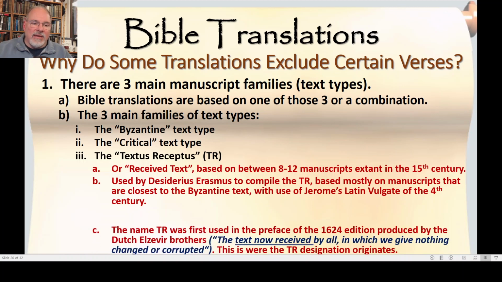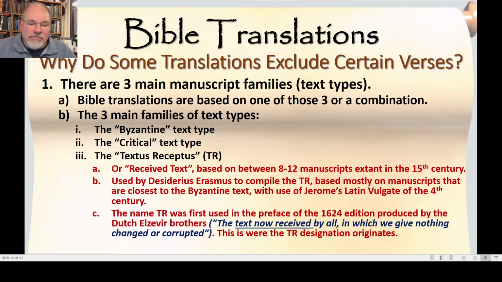Now, how did it get that name? Well, the name Textus Receptus was first used in the preface of the 1624 edition of the Greek text produced by the Dutch Elsevier brothers. And what it said at the front, and they printed it in their printing, was: the text now received by all, in which we give nothing changed or corrupted.